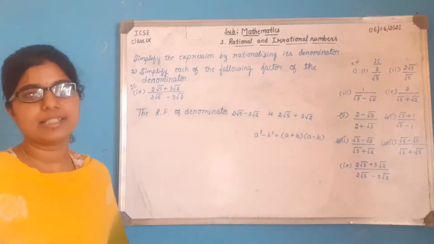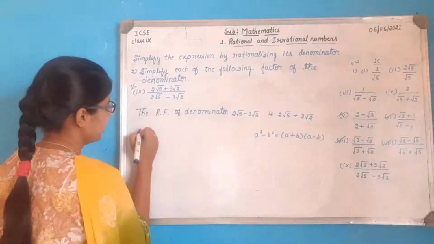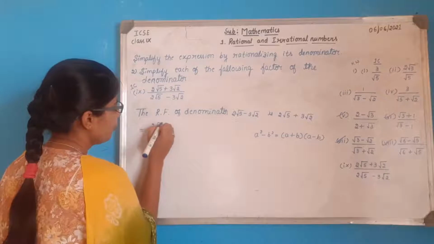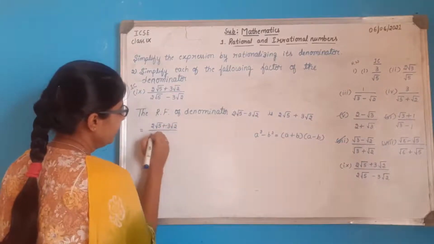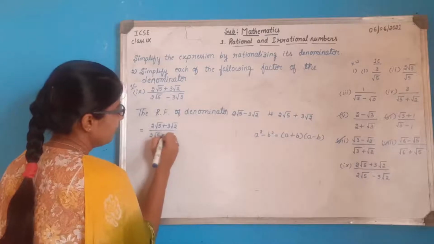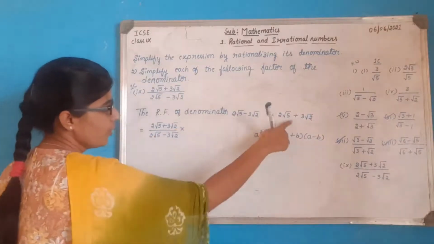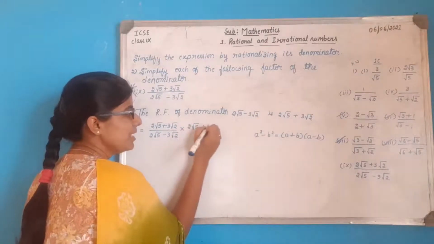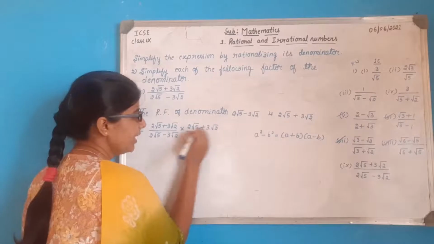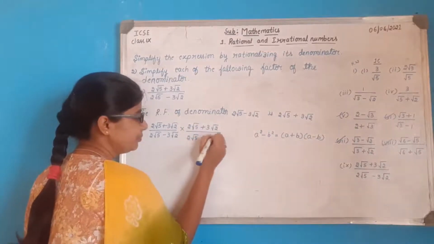Now multiply this rationalizing factor to both numerator and denominator: 2√5 plus 3√2 divided by 2√5 minus 3√2, into the rationalizing factor, 2√5 plus 3√2 divided by 2√5 plus 3√2.